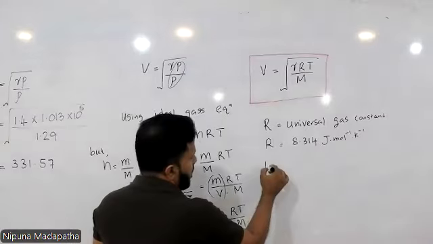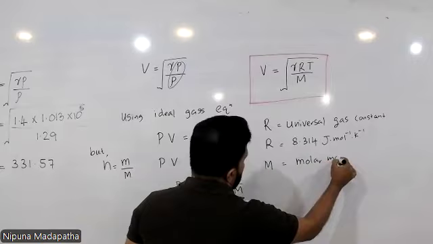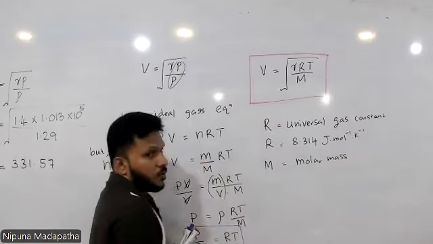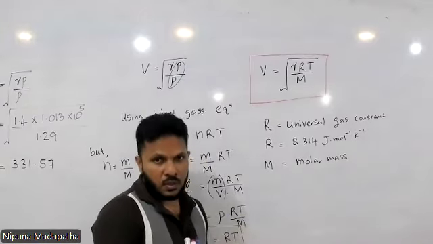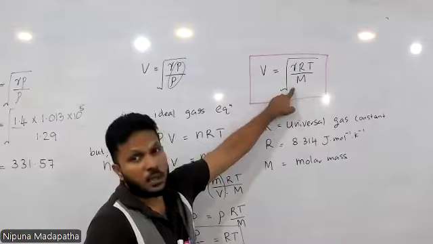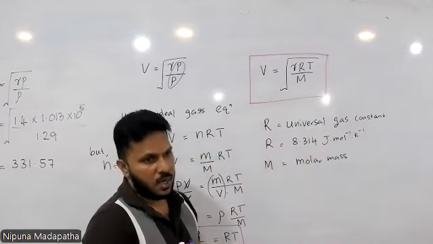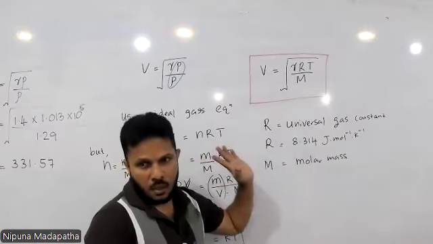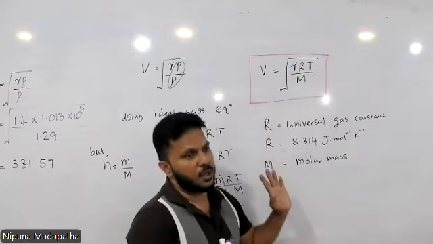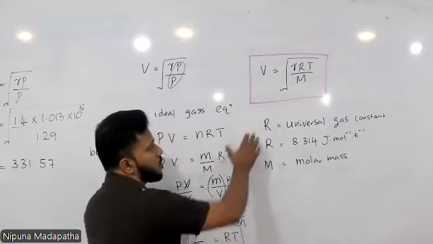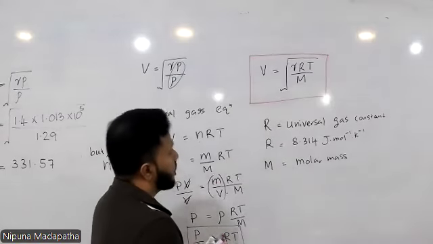What is capital M? The molar mass. On most occasions, molar mass is given as a gram per mole value. Here you need to substitute that molar mass converted to kilograms. Temperature must be absolute temperature. So this is the expression for the temperature dependency of the speed of sound in air.